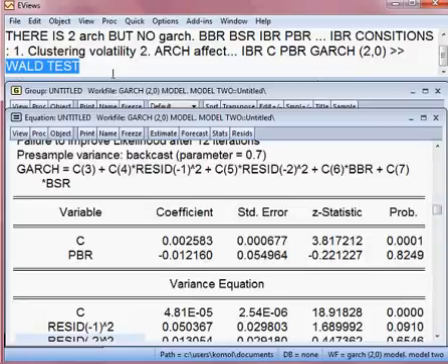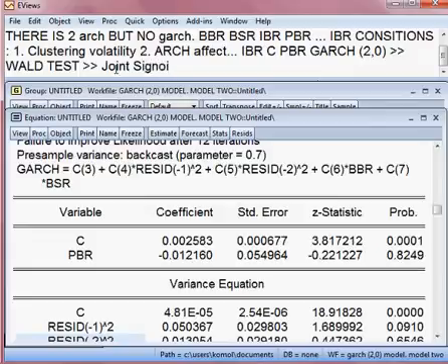That is called the joint significance test. The hypothesis is C4 equal to C5 equal to 0. So that is the Wald test, right?